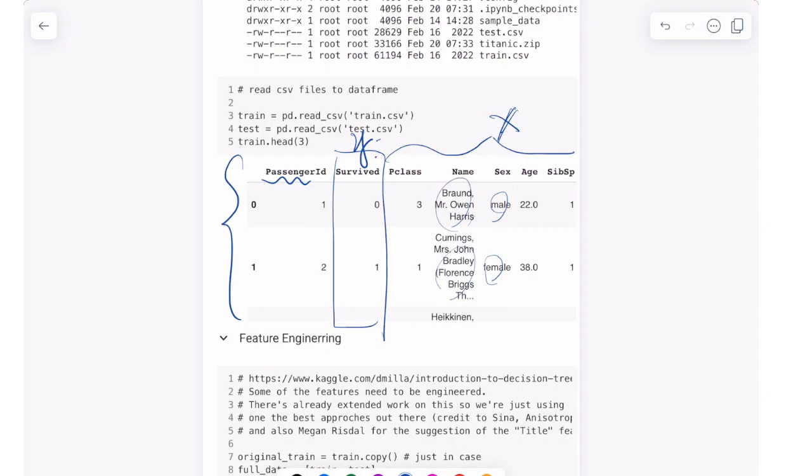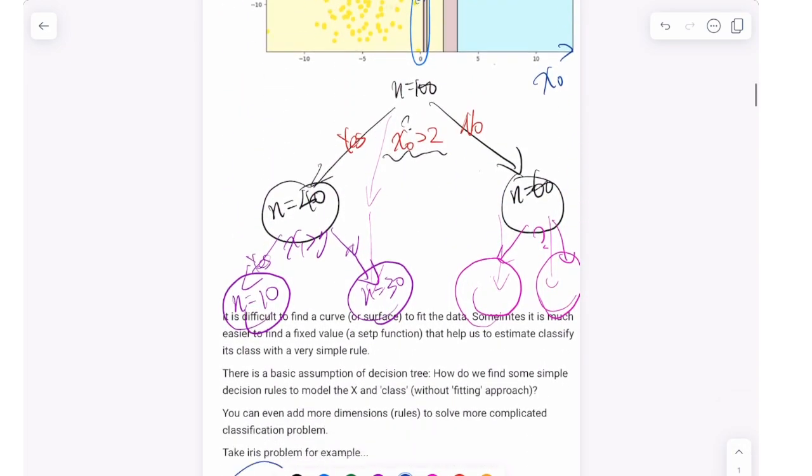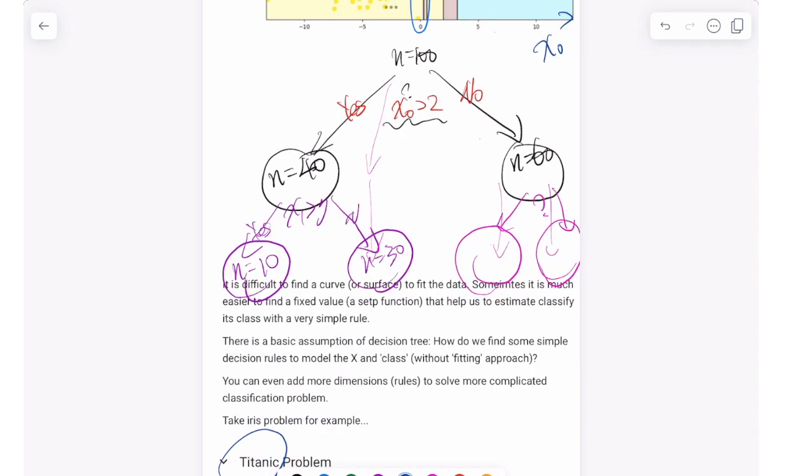But for an algorithm like the decision tree, the question you ask at each node can be: is the passenger female or male?